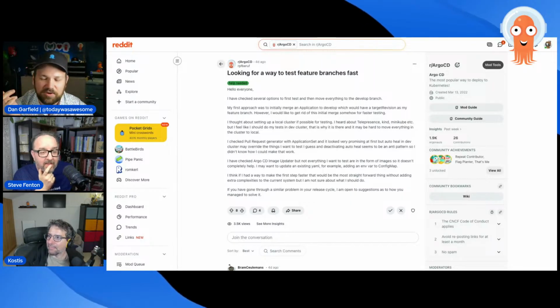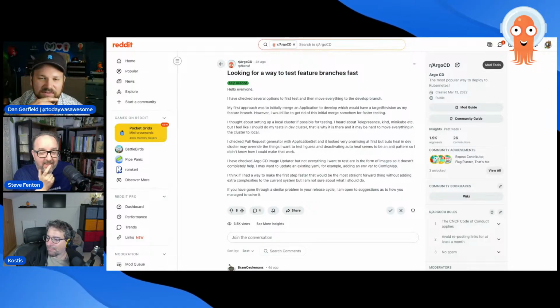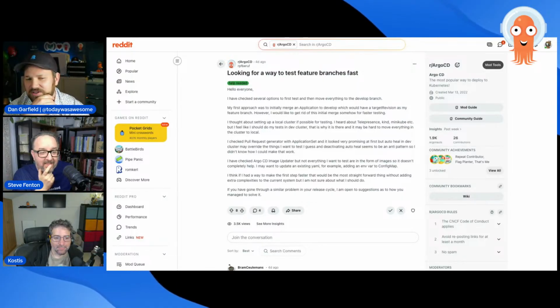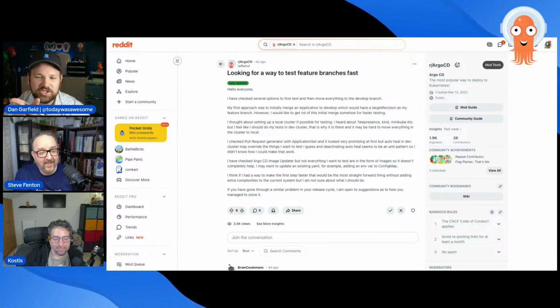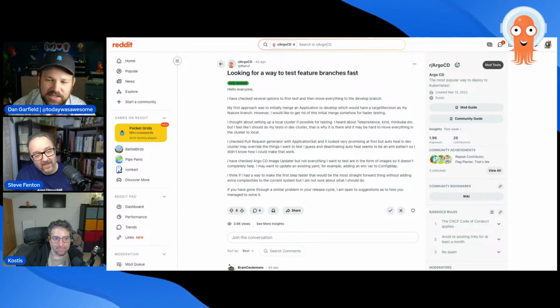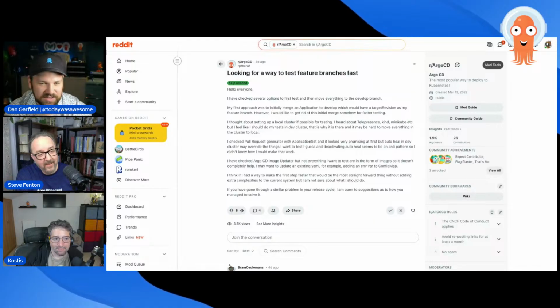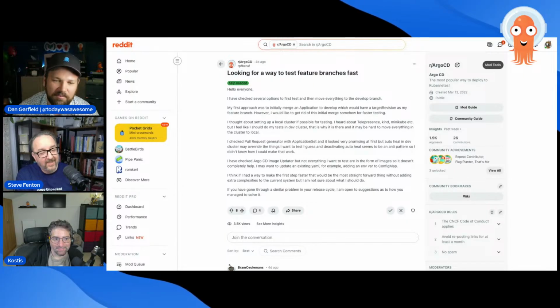I heard about Telepresence, kind, minikube, etc., but I feel like I should do my tests in a dev cluster. That is why it is there, and it may be hard to move everything from the cluster into local. I checked the pull request generated with application sets, and it looked very promising at first, but auto heal in dev cluster may override the things I want to test, I guess, and deactivating auto heal seems to be an anti-pattern. So I don't really know how to make this work."